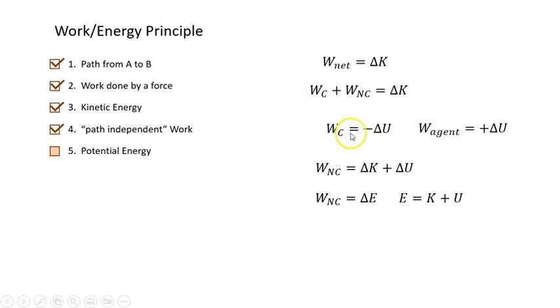And that gives us a definition of potential energy. As a definition, conservative work is defined as negative a potential energy change. And we'll have more to say about that in problems in class. An alternative view of potential energy: let's say you take a book and you raise it up a height h.